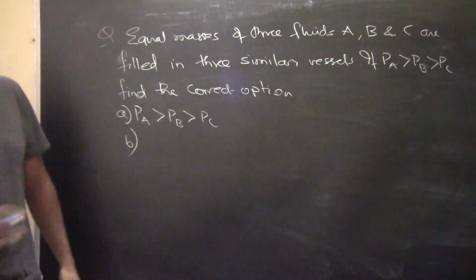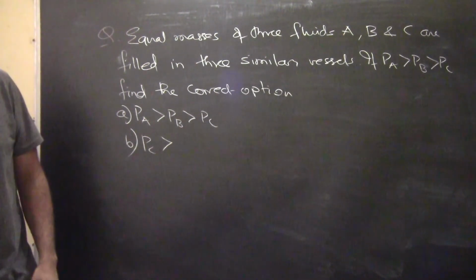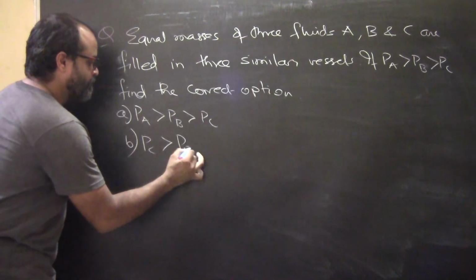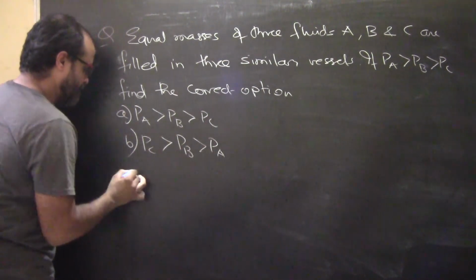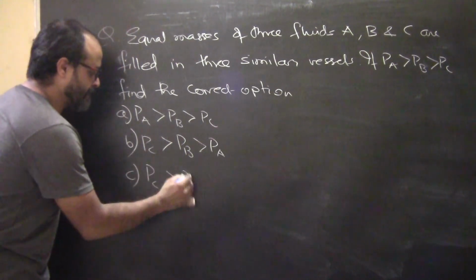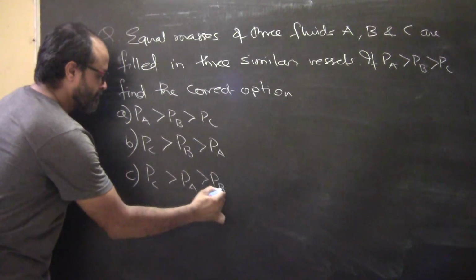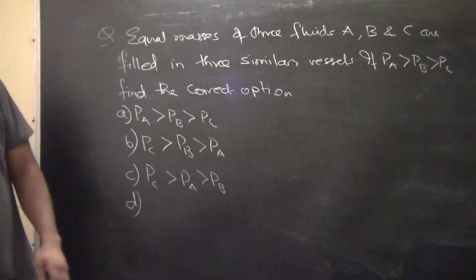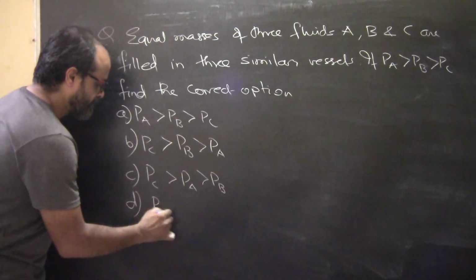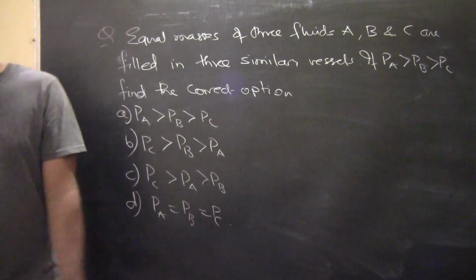Option B is PC is greater than PB is greater than PA. Option C is PC is greater than PA is greater than PB. And option D is PA is equal to PB is equal to PC. Okay, try this out.